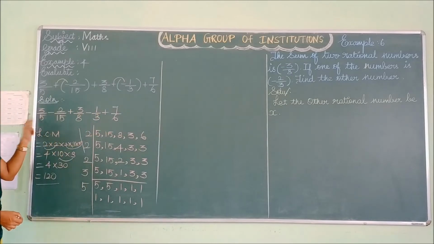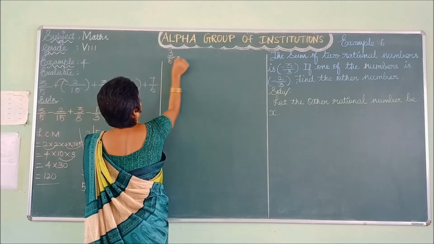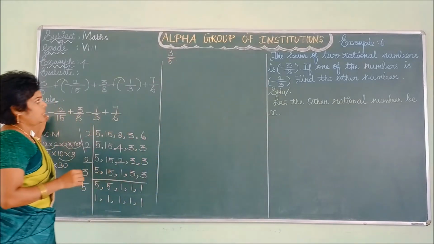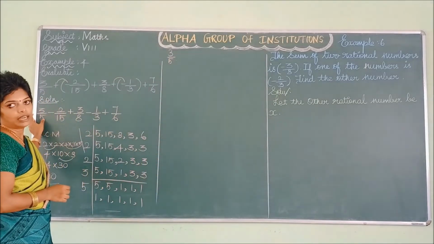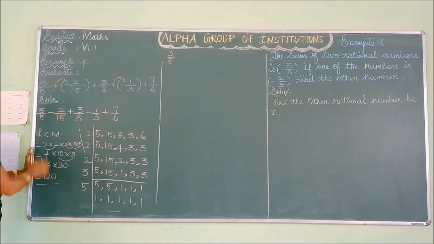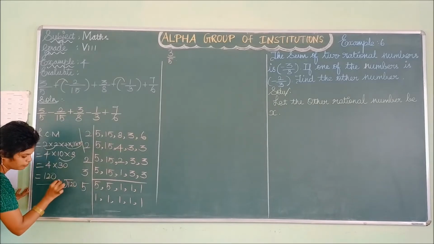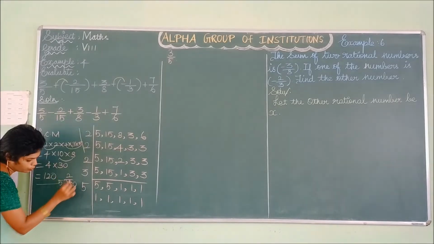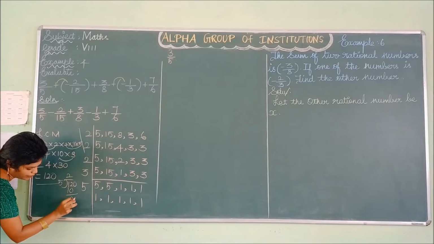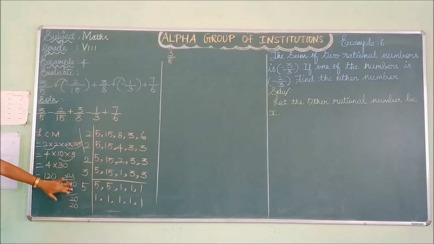So first take the first value. What is the first value? 3 by 5. This 3 by 5 changes into a fraction with denominator 120, so we multiply. Divide 120 by 5: 5 times 24 is 120.